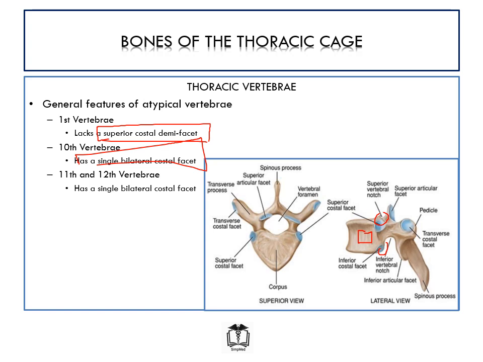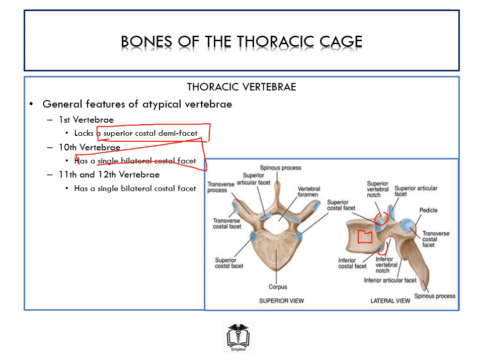And this is important because remember that the tenth thoracic vertebrae, being atypical, tends to articulate with the tenth rib. The tenth rib has a single demifacet on its head. And because it has a single demifacet on its head, it makes sense that it is going to be articulating with a single bilateral costal facet on the body of the tenth vertebrae.